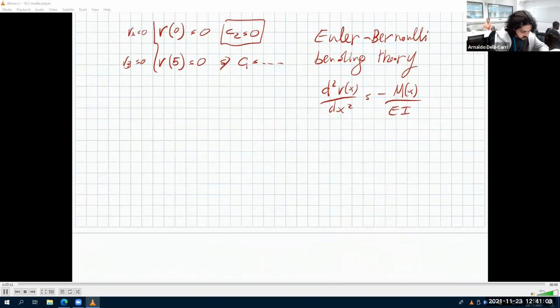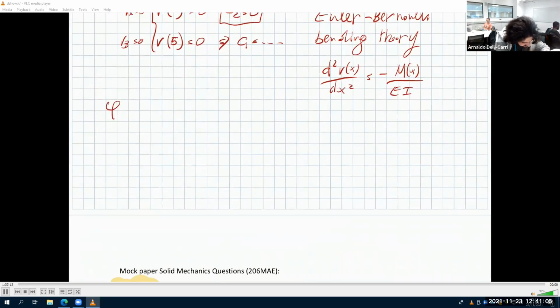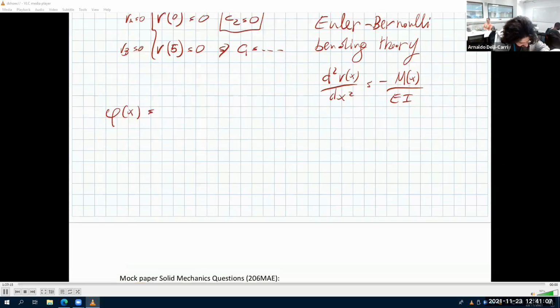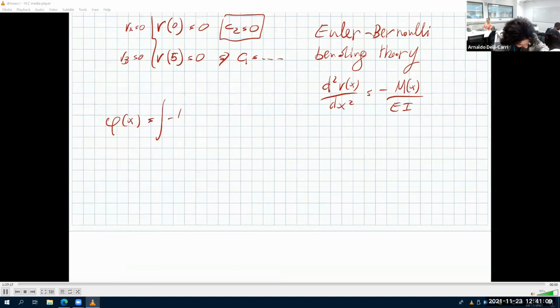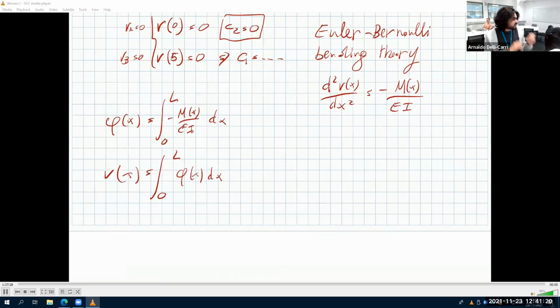So phi of X is the integral of minus M of X over EI dx between 0 and L, and V of X is the integral between 0 and L of phi of X dx. That's the idea.